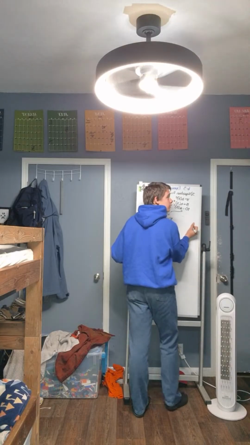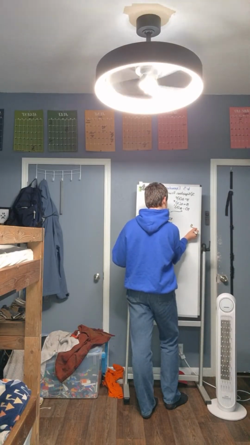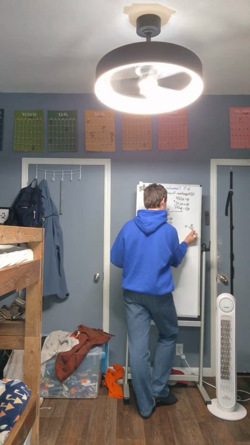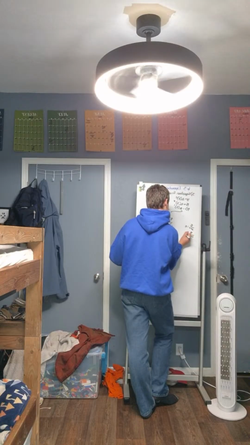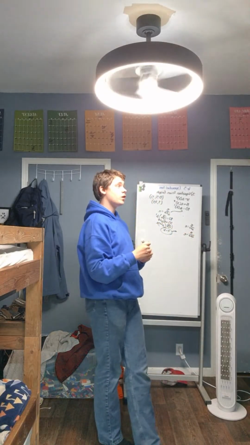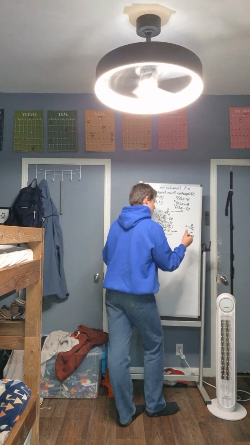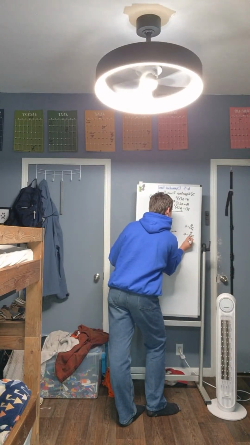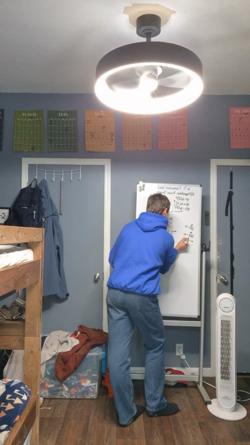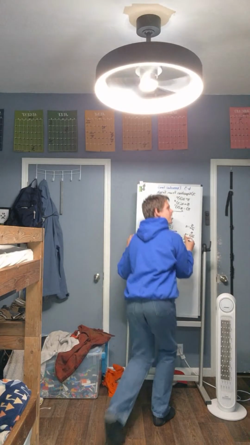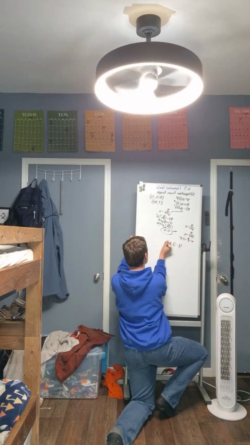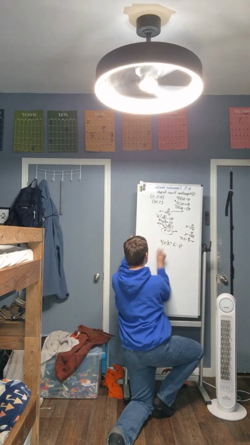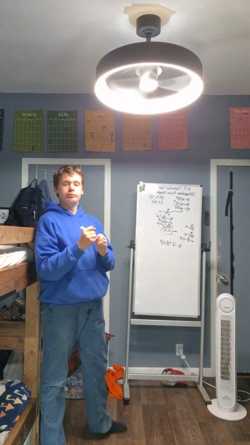Okay, so I have 5, and then 5 over b equals a. And then we have 5 divided by 4 to the 0.5 equals a. And then we have a equals 5 over 2 or 2.5. So y equals 2.5 times 4 to the x. No matter what x equals.